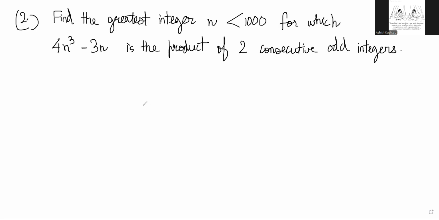Okay, so we have to find the largest n, which is less than 1000, for which this quantity 4n cube minus 3n is the product of two consecutive odd numbers, right?